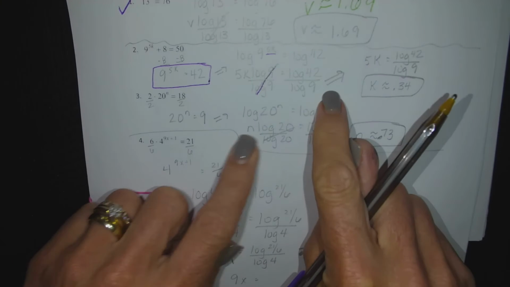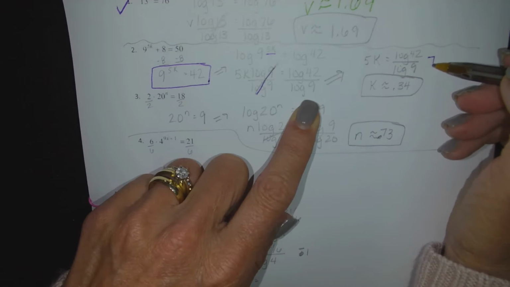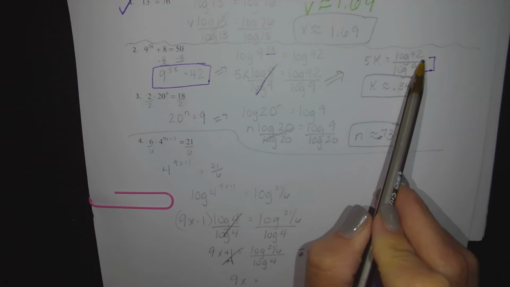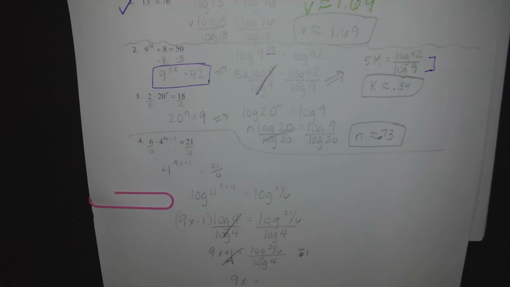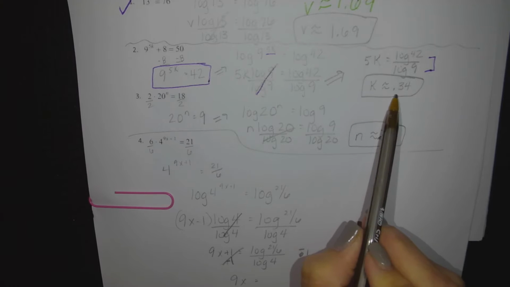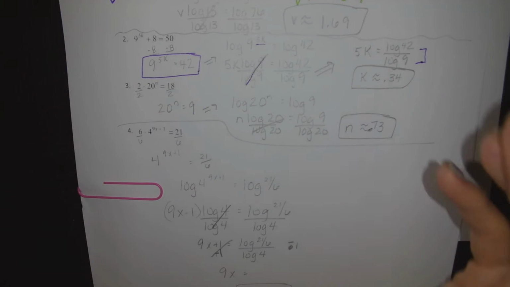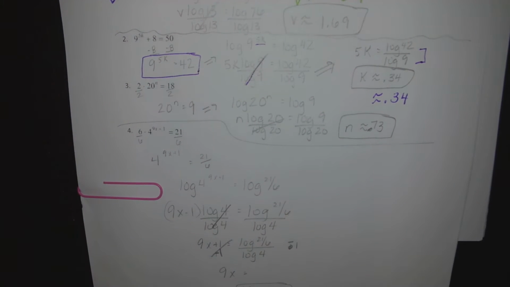You're left with 5k equals, and I did this on my calculator. Log 42 divided by log 9, and then you get an irrational number, decimal, and then I divided by 5. If you are off, did anyone get something close to this but not exactly? Okay, that is okay. So it is approximately 0.34.